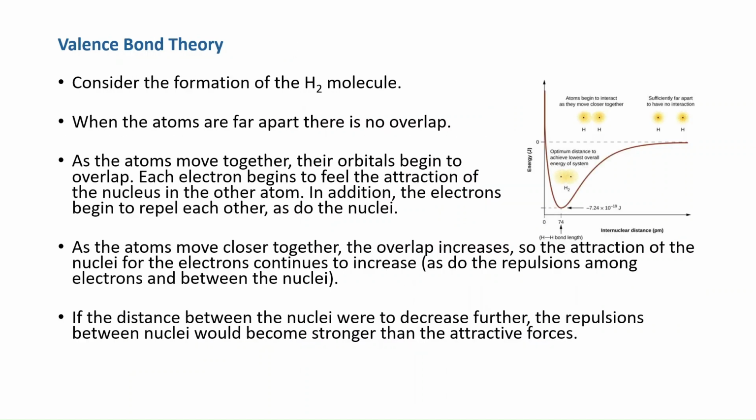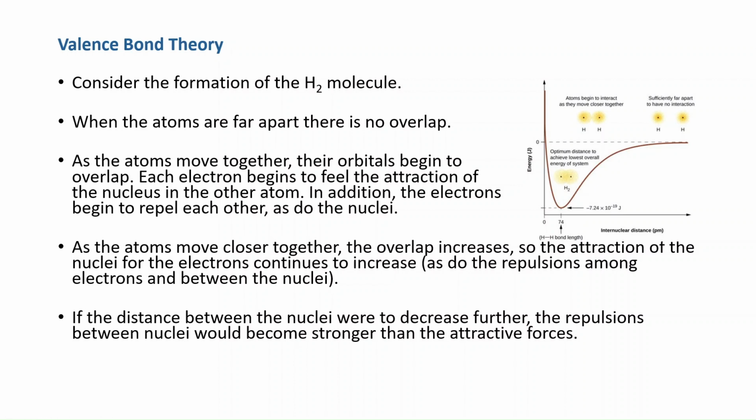To understand this, let's look at how the hydrogen molecule is formed. Let me explain, the red line is energy. When the bond forms, the molecule is very stable and the energy drops. So you have 2 atoms that have a certain energy, they're too far apart, they don't attract each other. As they start getting closer and closer to each other, an electron starts feeling the attraction from the other nucleus.